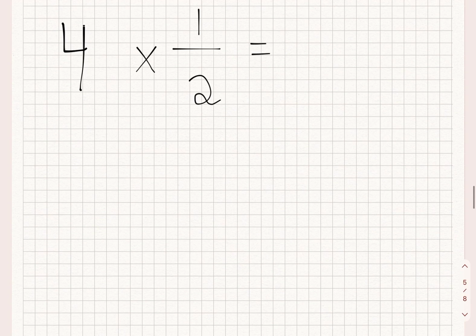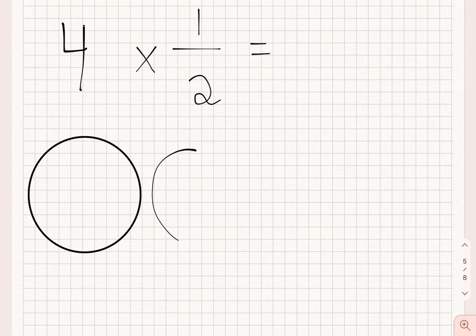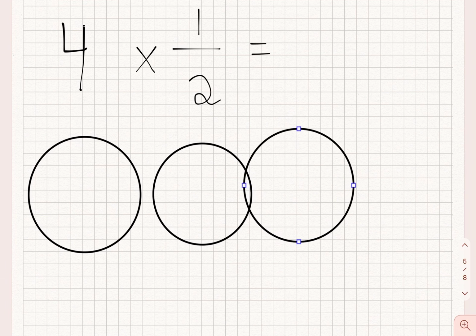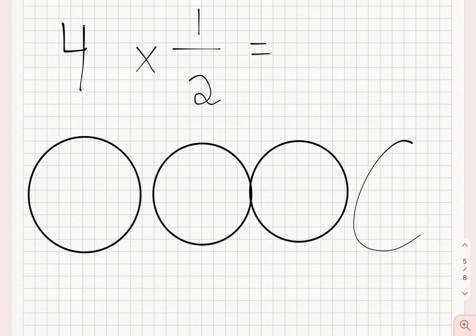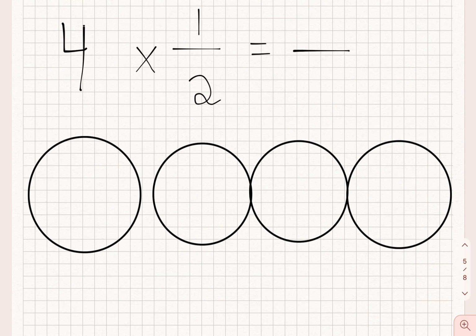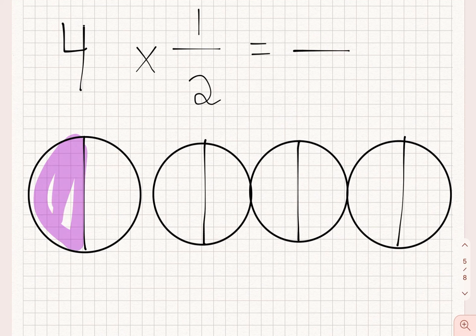4 times 1/2. So again, that would be 4 wholes. 1, 2, 3, 4. And I'm multiplying that by 1/2. So if I was doing that with a model, I'd be chopping each of these wholes up and then taking 1/2 of each one.